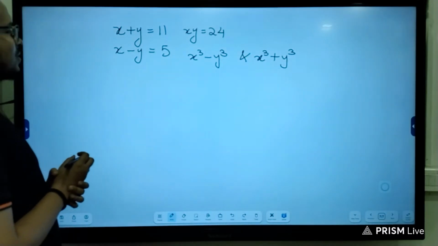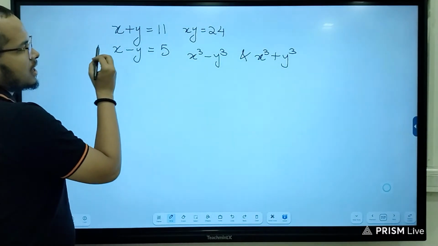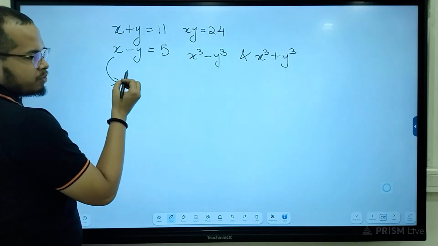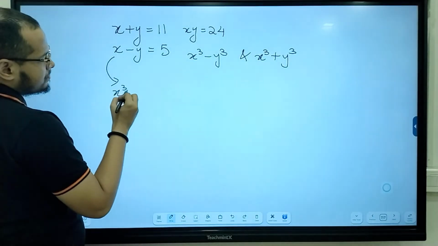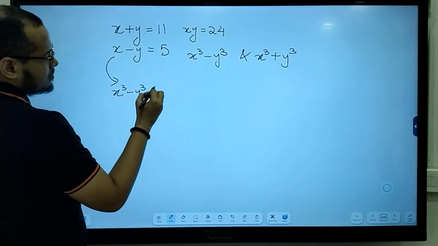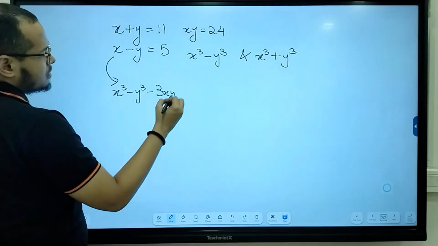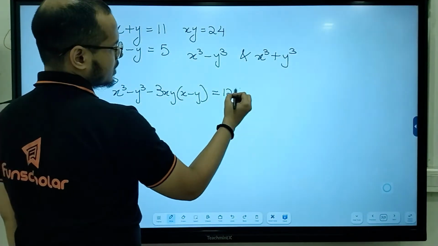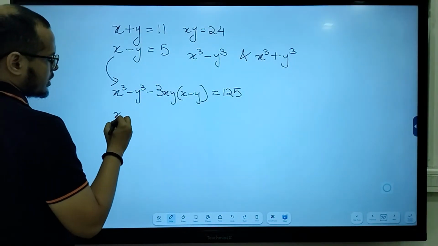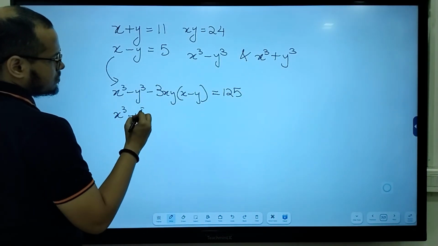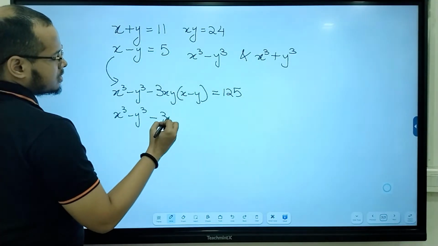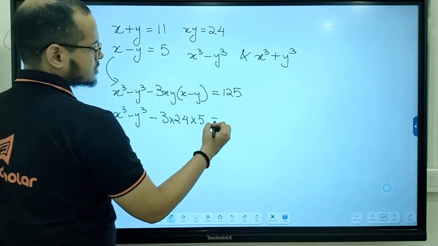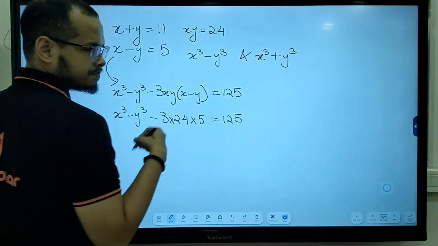Okay. So first thing is that x cube minus y cube, I'll be utilizing this. So cubing both sides, we are getting x cube minus y cube minus 3xy(x minus y) is equal to 125. Okay, so x cube minus y cube minus 3 into 24, x minus y, nothing but 5, is equal to 125.